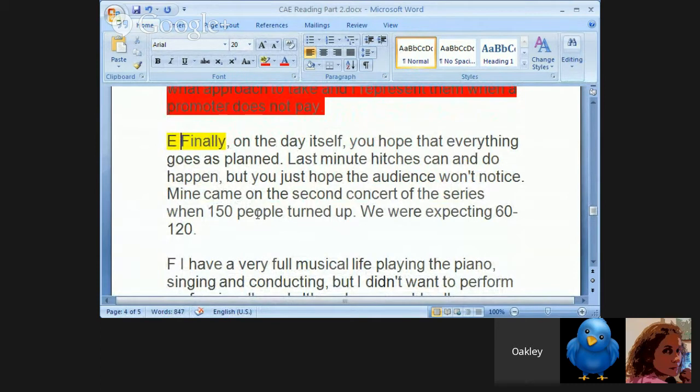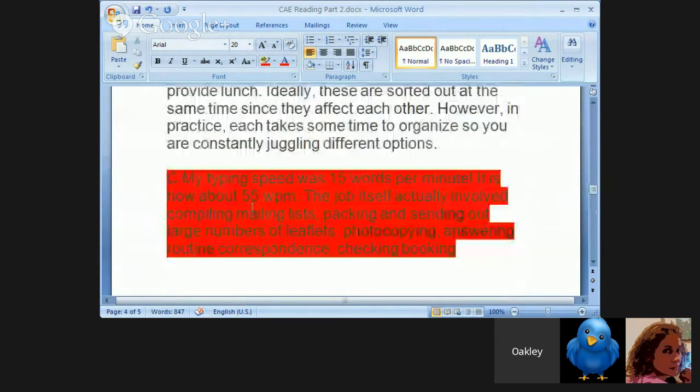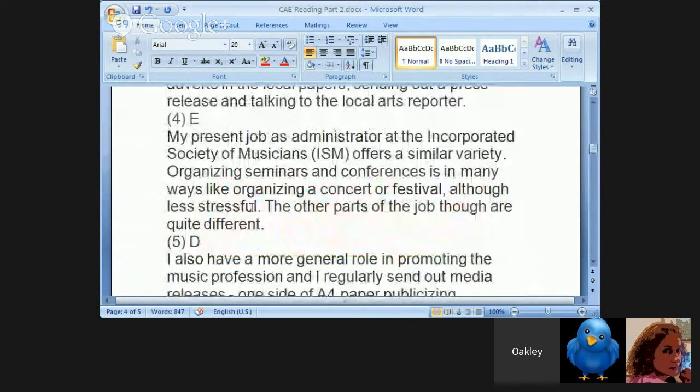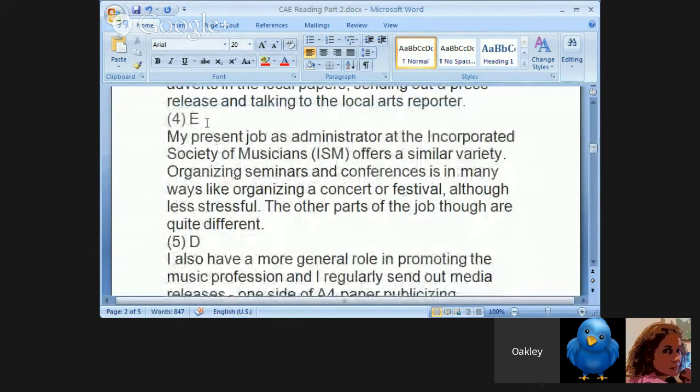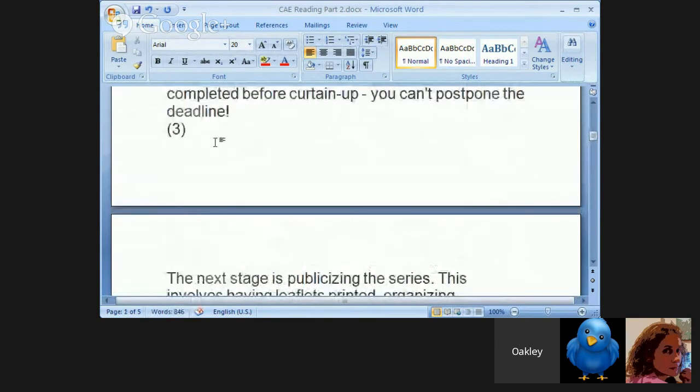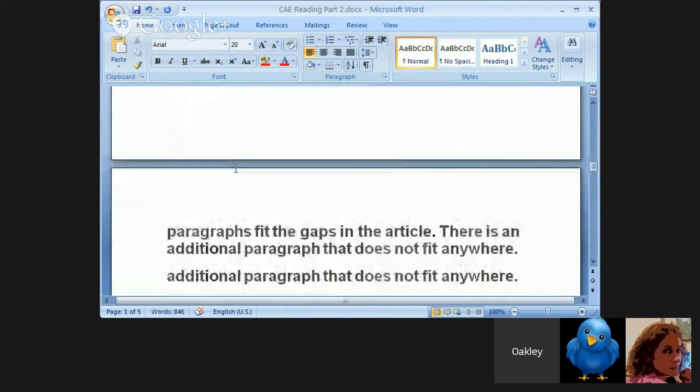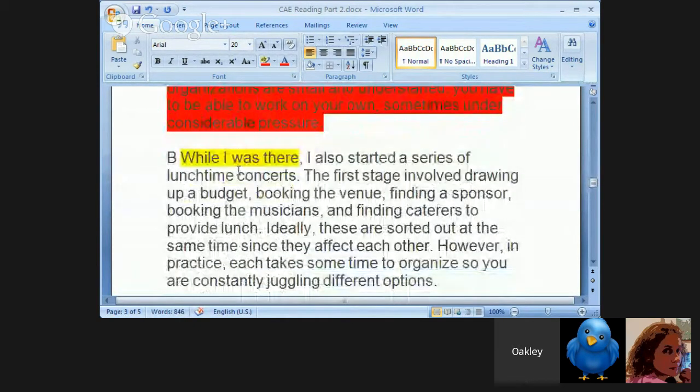No, finally is 4. Okay, now I'm totally confused. All right. Well, we're down to these two. It's E. We know the distractor. We're down to E and B, right?